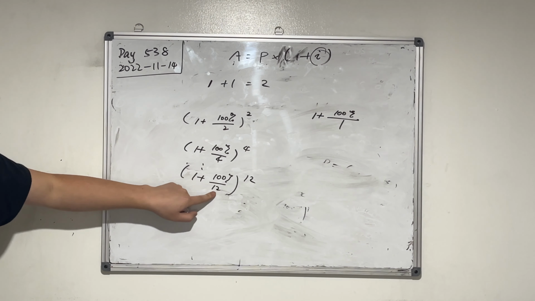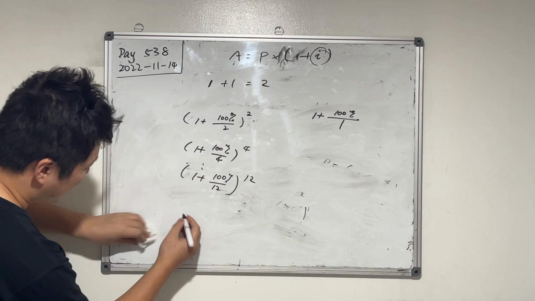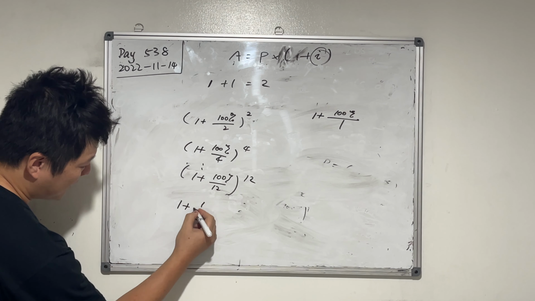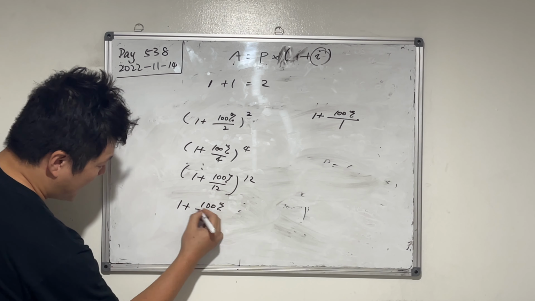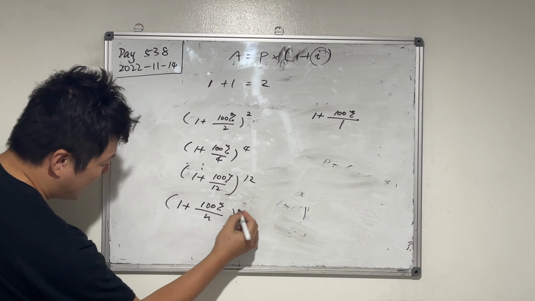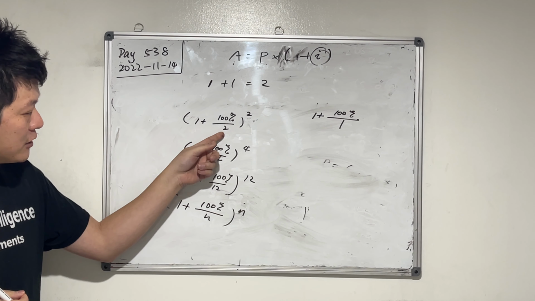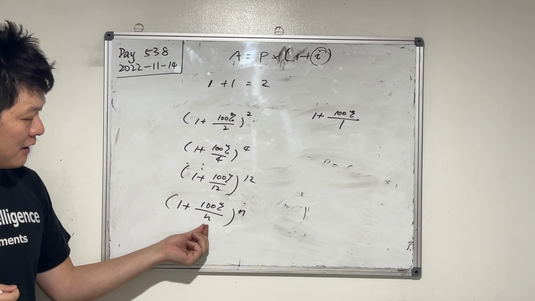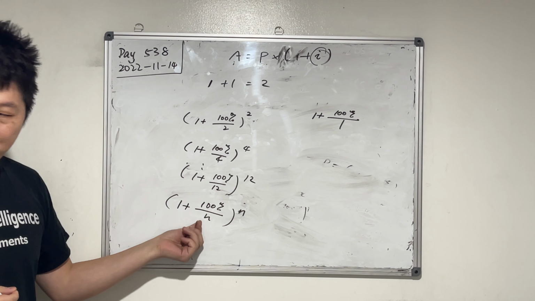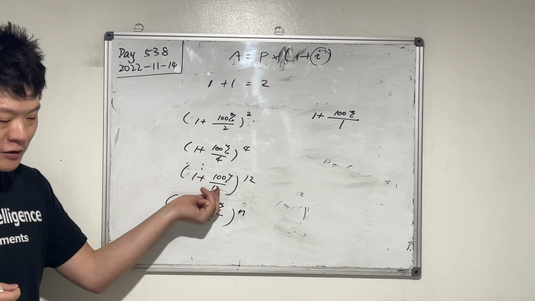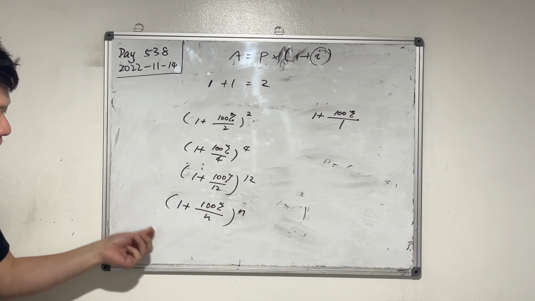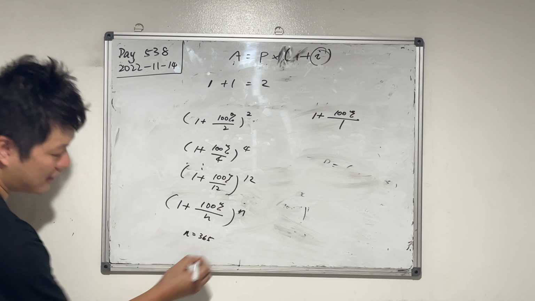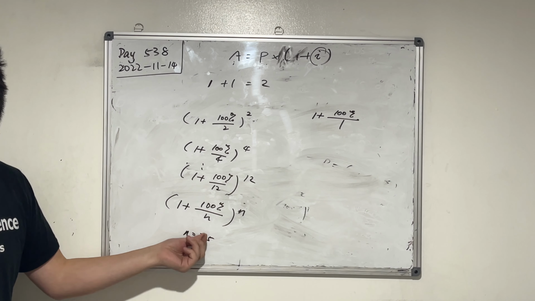It is 1 plus 100% divided by n, and if n equals 2, the whole year is divided into 2. If n equals 4, you divide into 4. If n equals 12, you divide by 12. If n equals 365, we calculate the interest every day.